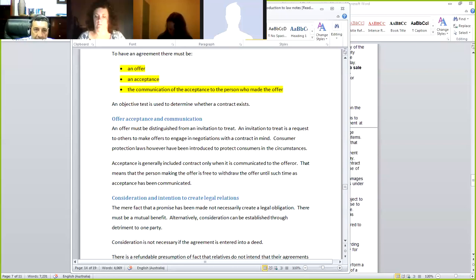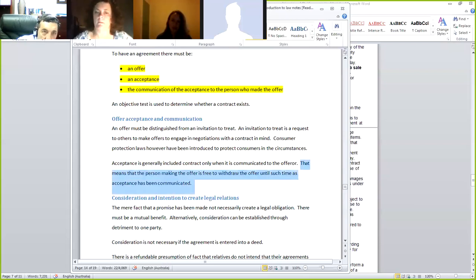But given that as an element of a contract or an agreement in the first instance, there must be a communication of the acceptance to the person who made the offer, it follows that it's free for the person who made the offer to withdraw the offer until such time as acceptance of it has been communicated back to the person.